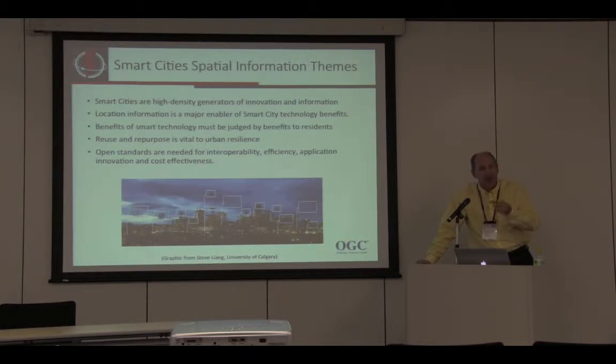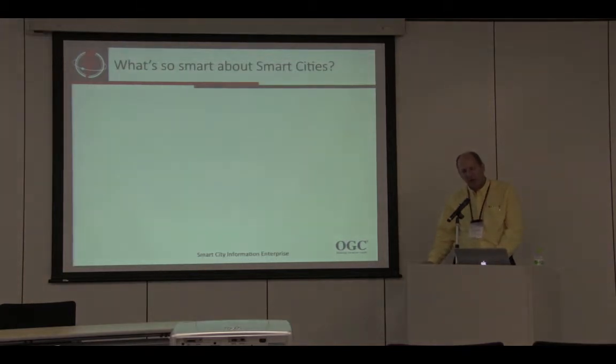I love the diagram that Mishi showed, that in this third phase, a key aspect of urban city environments is its resilience. We're addressing, for example, resilience to climate change in our current test bed for cities and flood inundation and the like. And in the end, open standards are needed for interoperability, efficiency, application, innovation, cost effectiveness. So some major themes that set the stage for what we're doing.